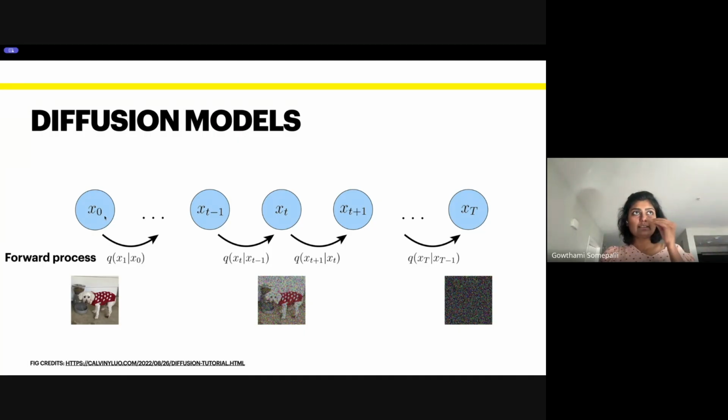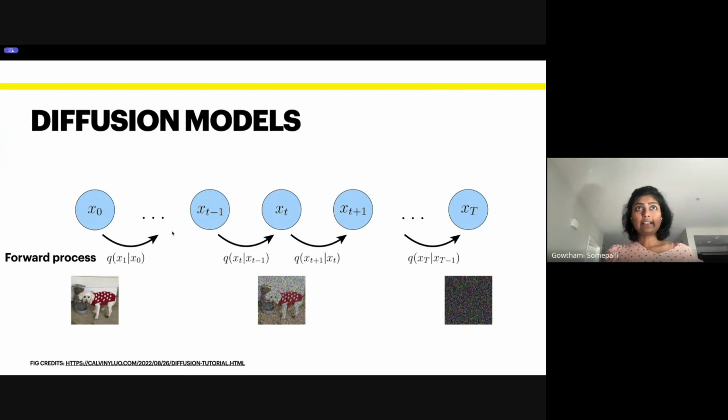In most diffusion model papers, the image is usually represented by X naught. Just remember it, it's just the terminology. And X_T, where capital T is the final step, usually means noise, pure isotropic Gaussian noise.